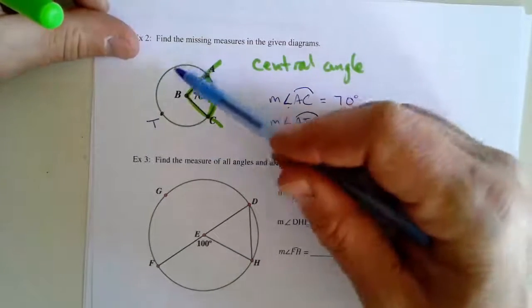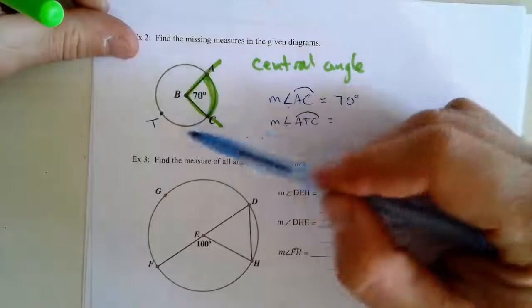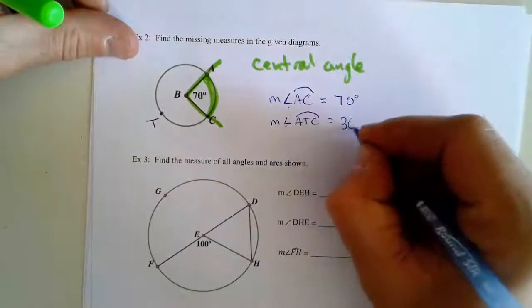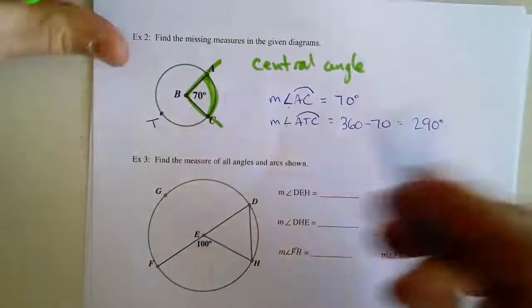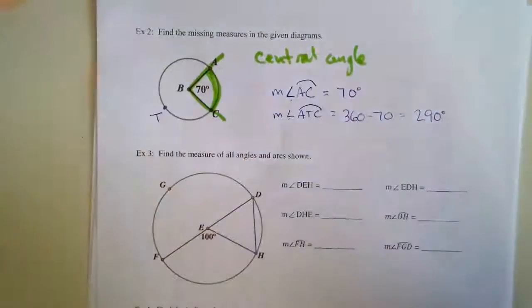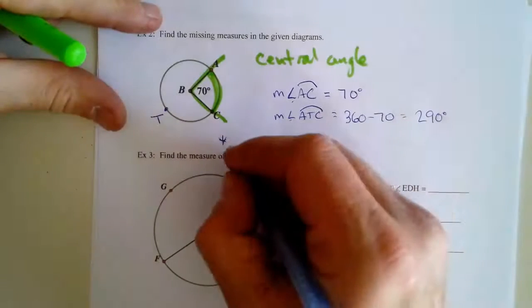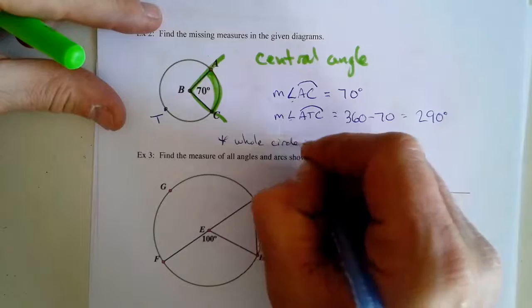So if a whole circle is 360 and we have 70 here, we're going to do 360 minus 70. That's going to be 290 degrees. This is 290 degrees right here. It's everything that's left over. Let me write that out in case you forgot. The whole circle is 360 degrees, and that's a key thing to remember for yourself.